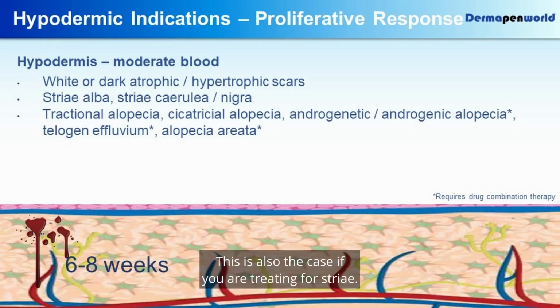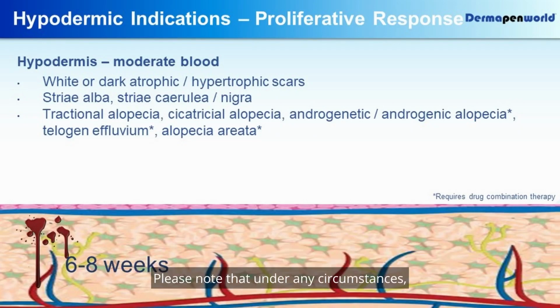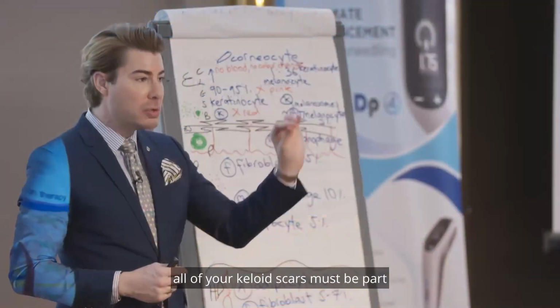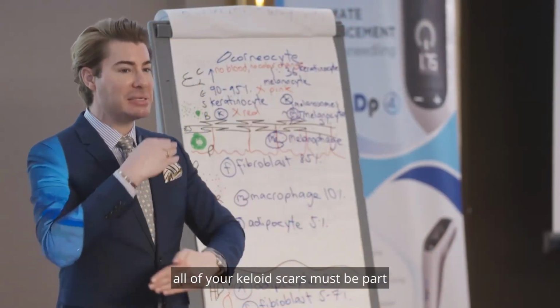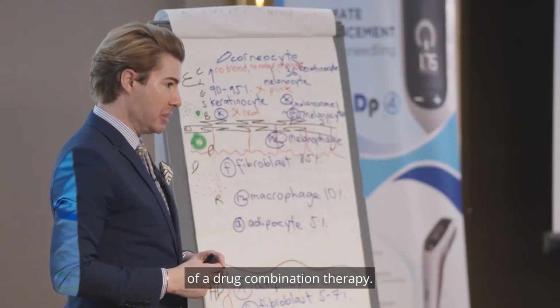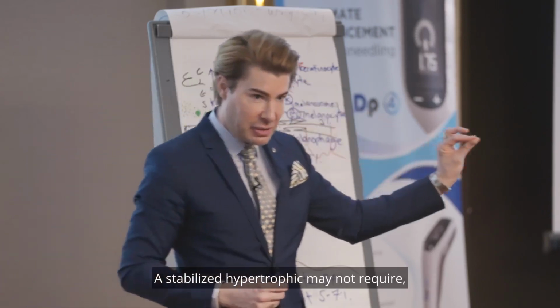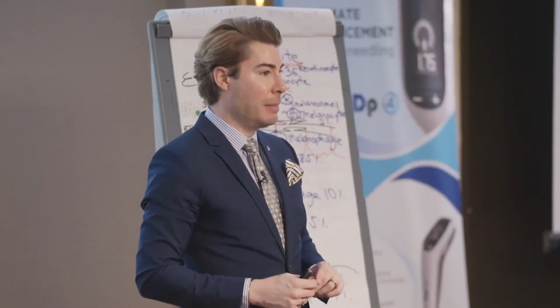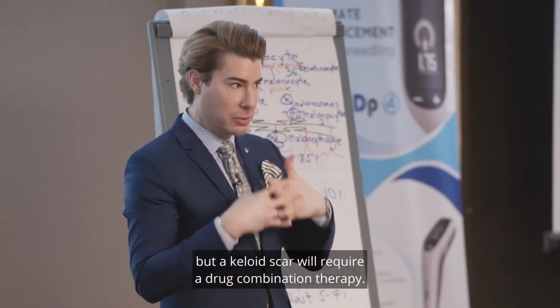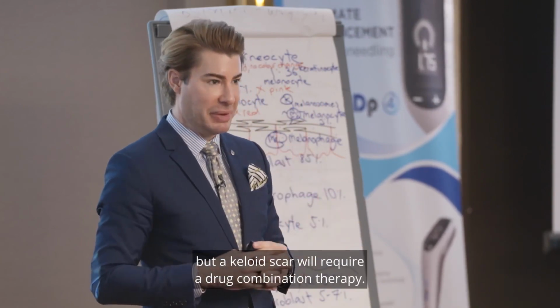This is also the case if you are treating for striae. Please note that under any circumstances, all of your keloid scars must be part of a drug combination therapy. A stabilized hypertrophic may not require, but a keloid scar will require a drug combination therapy.